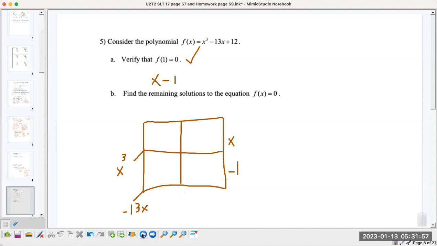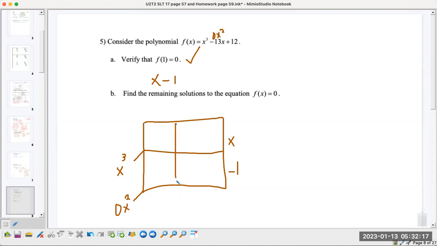Actually, I can't do that. I got to make more lines because I just realized that I am missing my 0x squared term. So I'm going to need a placeholder for this one. So I'm going to make this 0x squared.